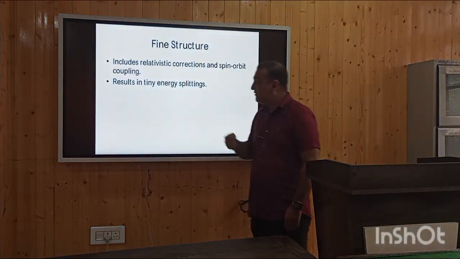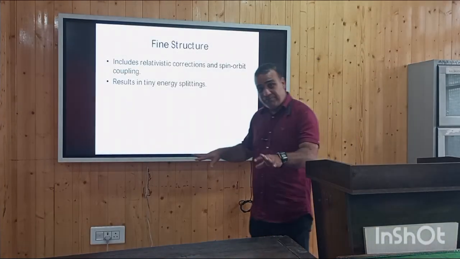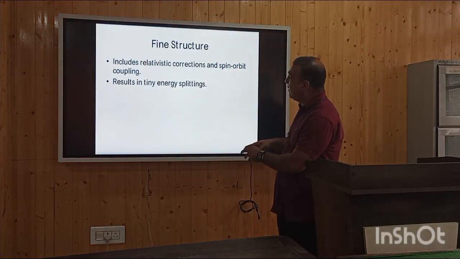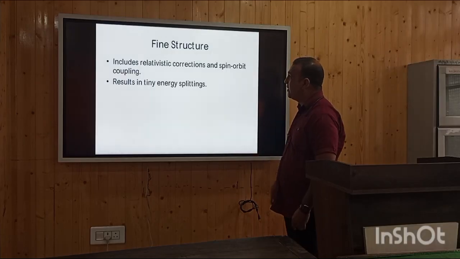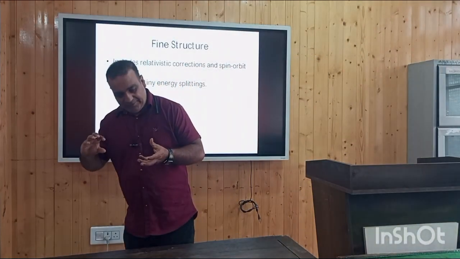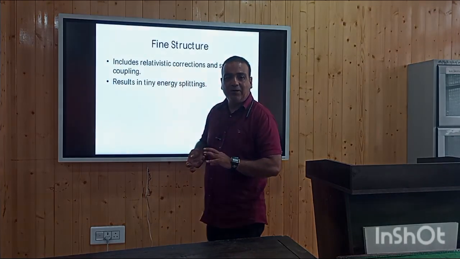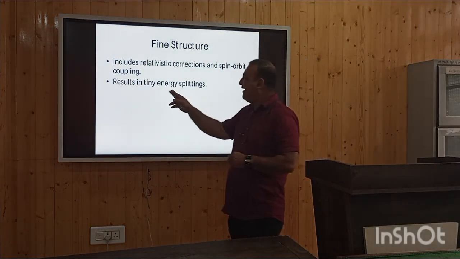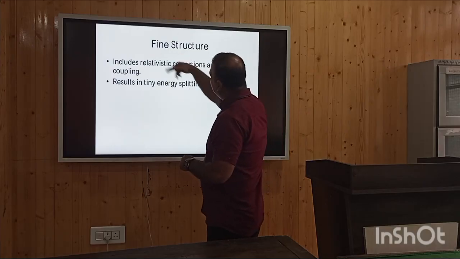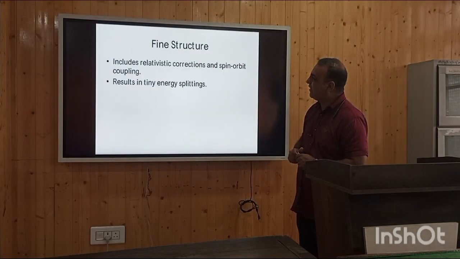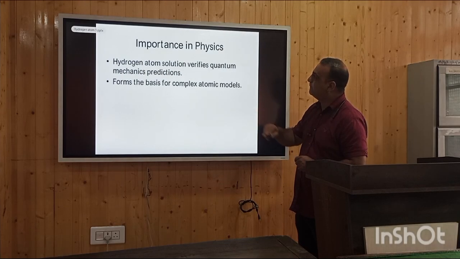And these relativistic corrections can explain the fine structure of the hydrogen atom. Now, in addition to the relativistic corrections, you have the spin-orbit coupling. There's a coupling going on between the spin and the orbital motion of the electron, resulting in a tiny energy splitting. This energy splitting is reflected in the fine structure of the hydrogen atom.